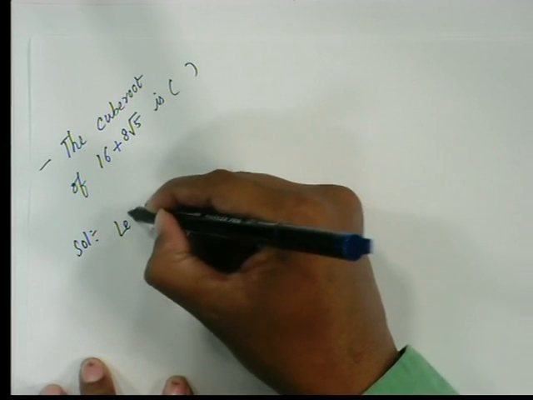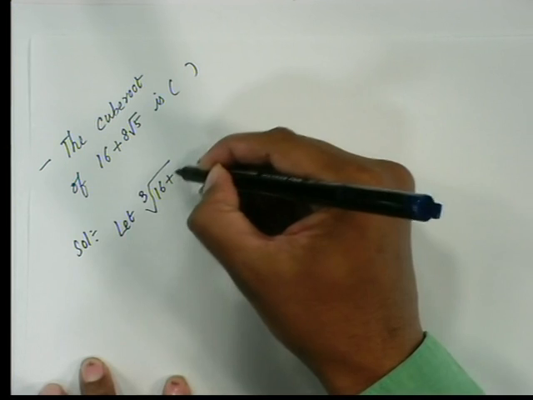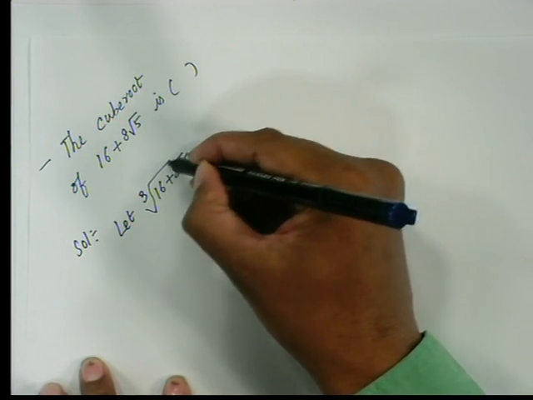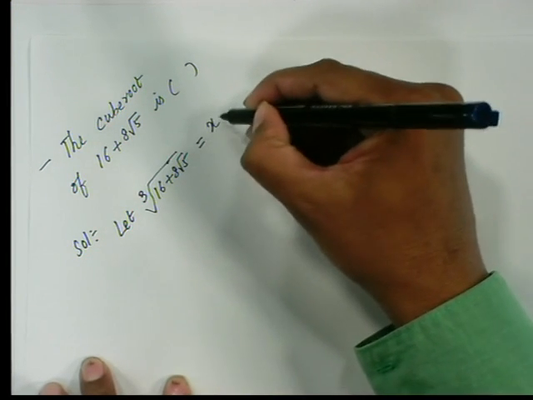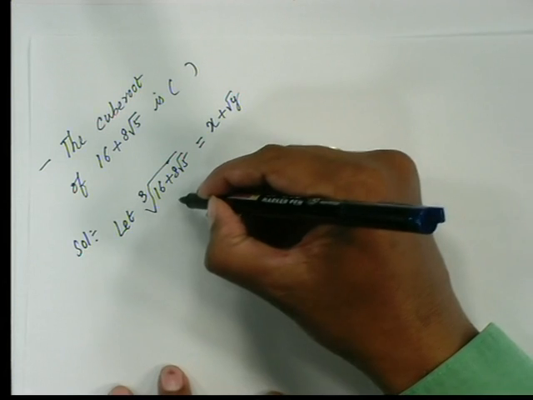Let cube root of 16 plus 8 root 5 equal x plus root y. Okay? Cubing on both sides.